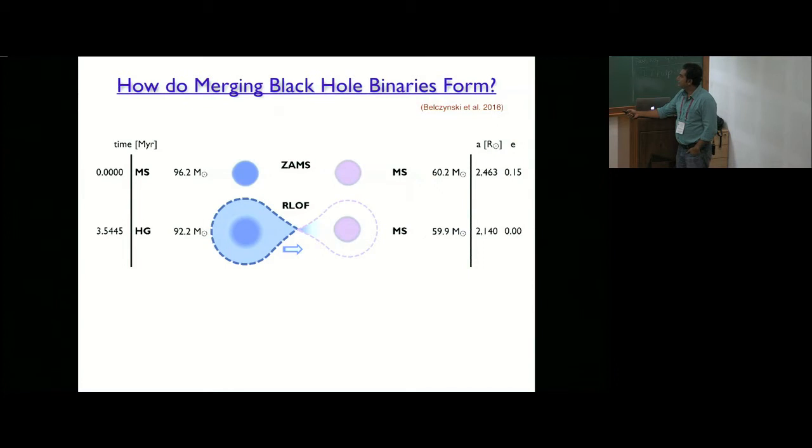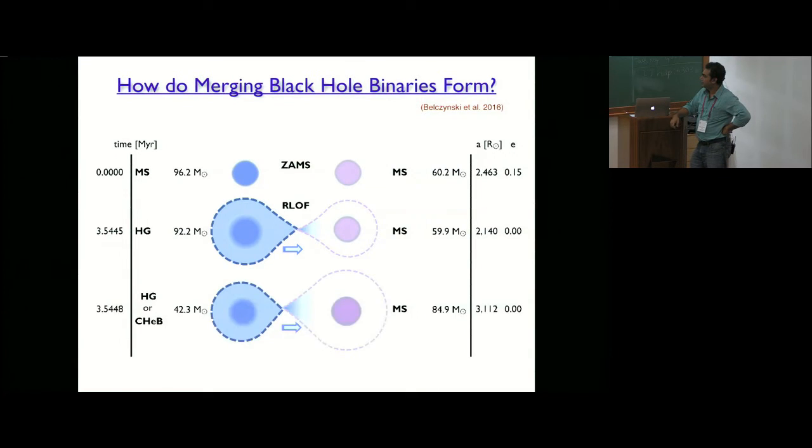And through Roche lobe overflow, if you assume some kind of mass conservation, how much mass is actually accreted onto the star, how much is leaving the system, through all these details, your separation changes somewhat. But at this stage, at least in this case, it didn't change much. Yes, the eccentricity becomes 0 because of very strong tides.